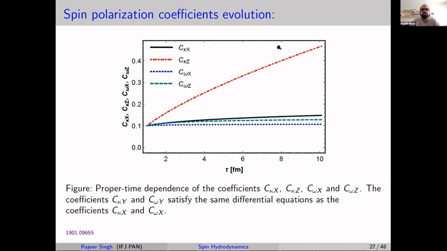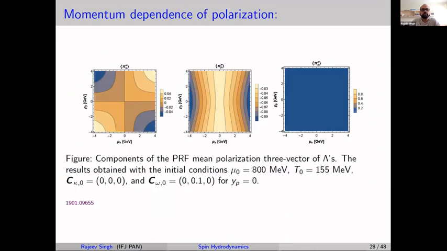This is the evolution of the spin components, and you can see that C kappa Z, one of the spin coefficients, has a strong dependence on proper time compared to the other spin coefficients. And these are the spin polarization plots for the lambda hyperons, pi star meaning the x, y, and z components, in terms of Px and Py, using these initial values. One may ask why these initial values.